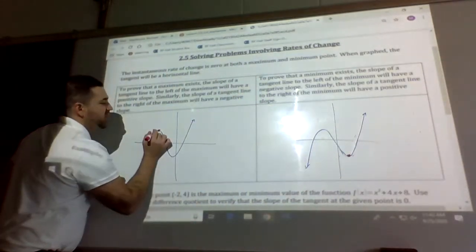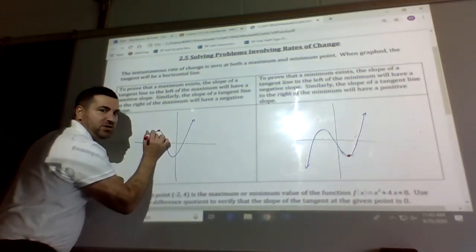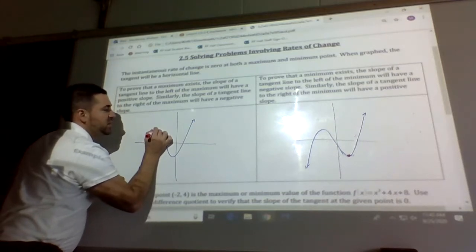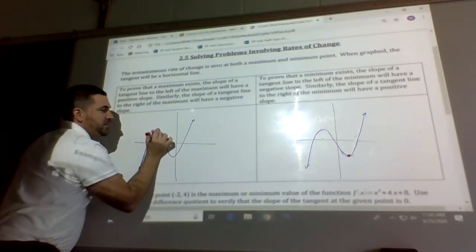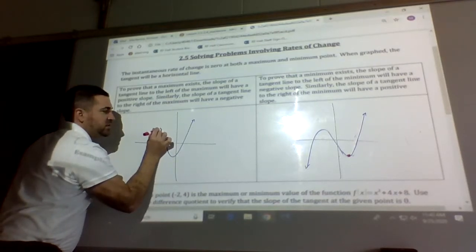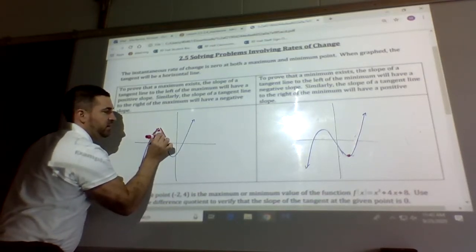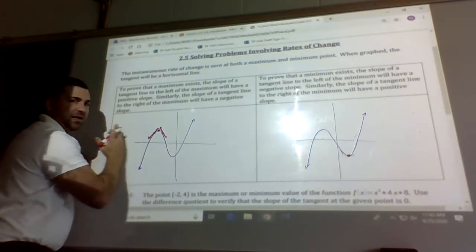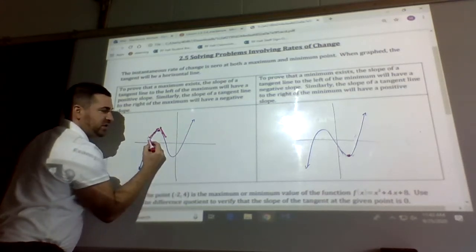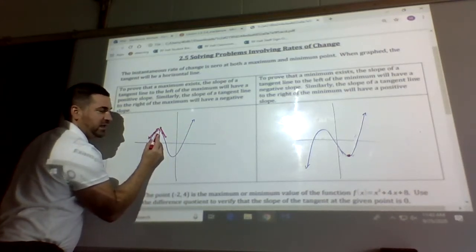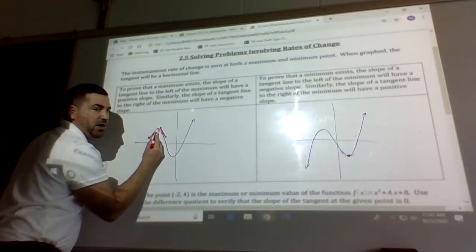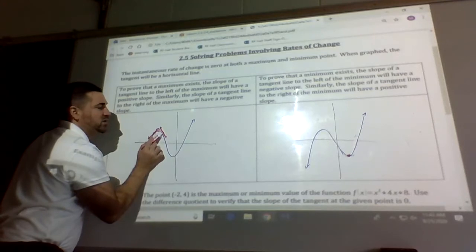what we have to do is find the slope of the tangent to the left of this point. So we're looking at the tangent left of this point, and then the tangent right of this point. Okay, when reading left to right, the tangent to the left of the maximum will always be positive, and the tangent to the right of the maximum will always be negative.